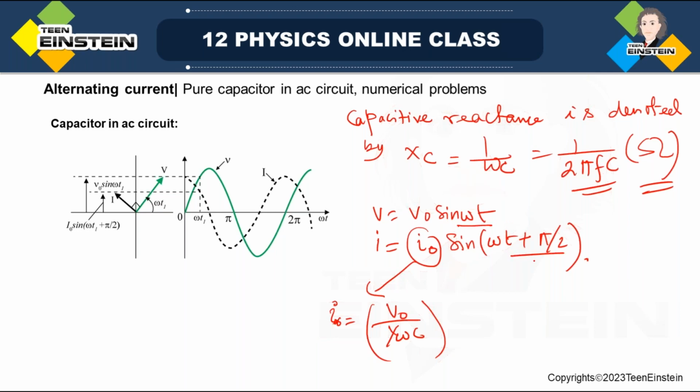This is sin omega t, this is sin omega t plus pi by 2. That means the current is actually ahead of the source voltage. And how much ahead? It is ahead of the source voltage by pi by 2 radians or 90 degrees.